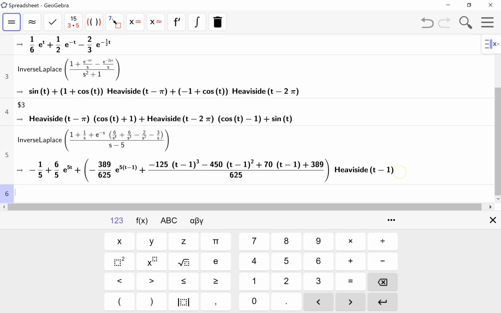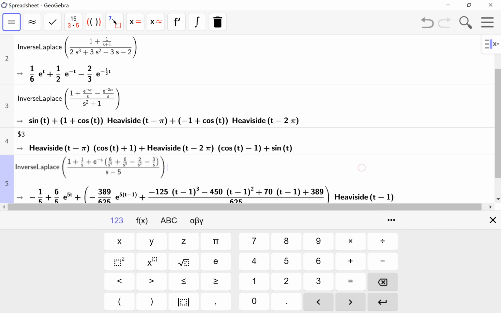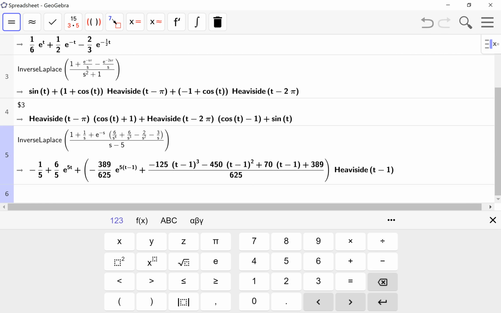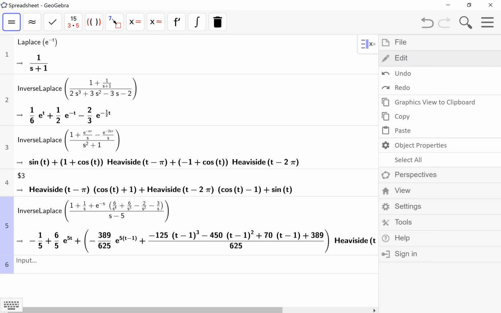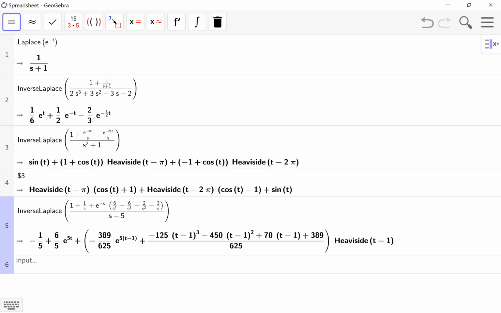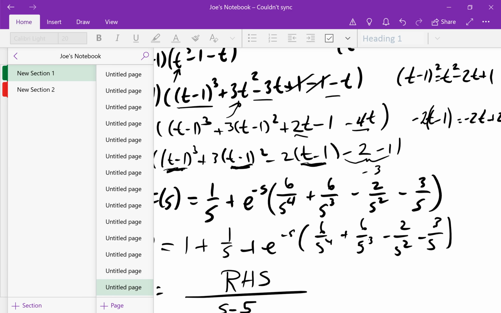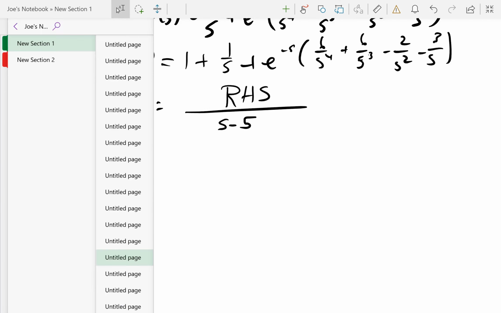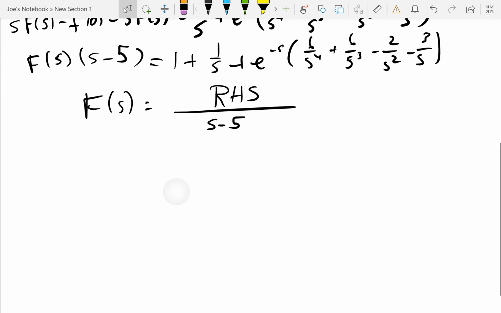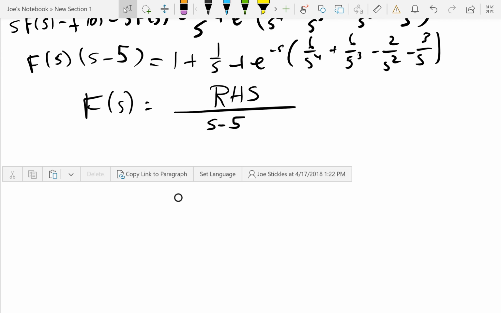Let's see if we can copy this. Maybe we can copy. Edit, copy. Then I don't have to remember what it was. Let's see if it'll work. Paste.